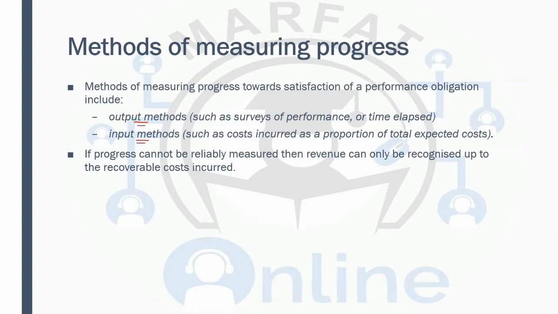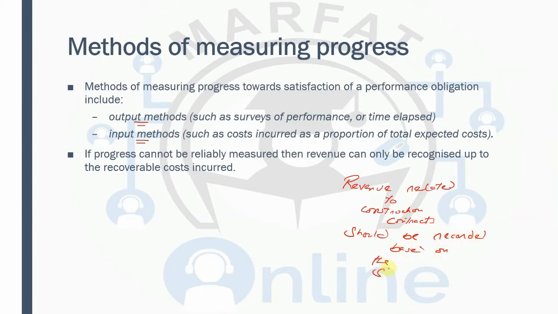So what is the correct accounting then? The revenue related to construction contracts should be recorded based on the stage of completion.